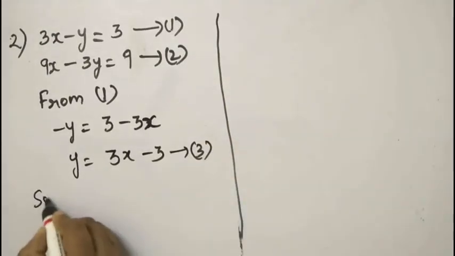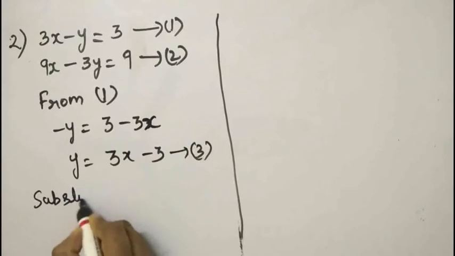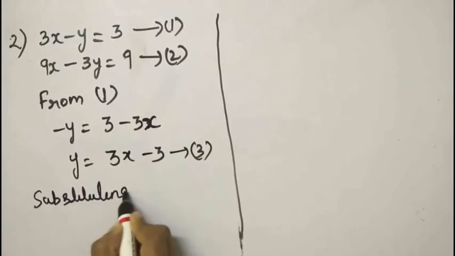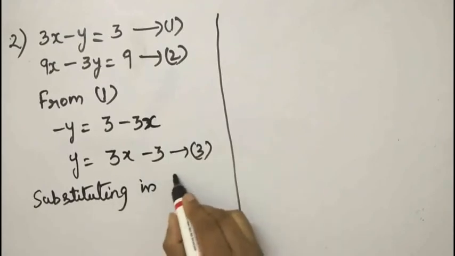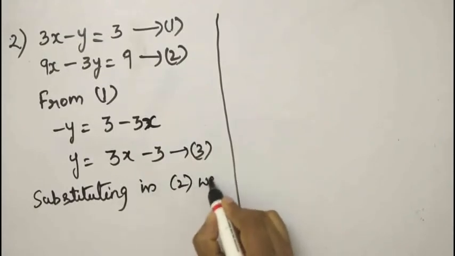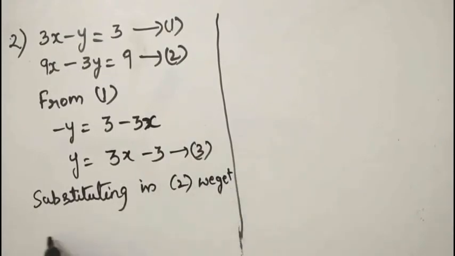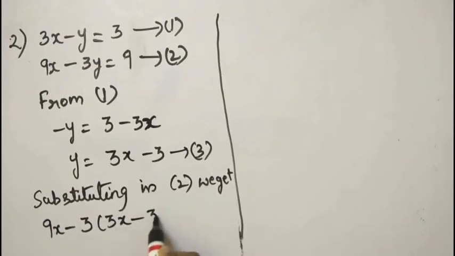So substituting in 2, we get, here if you substitute, in place of y you have to substitute 3 into 3x minus 3.